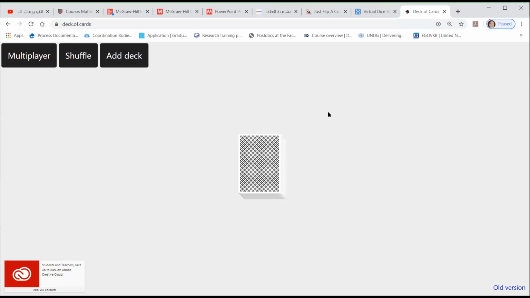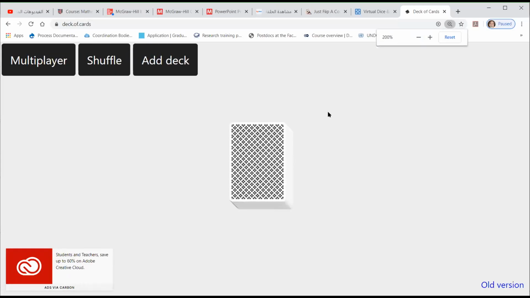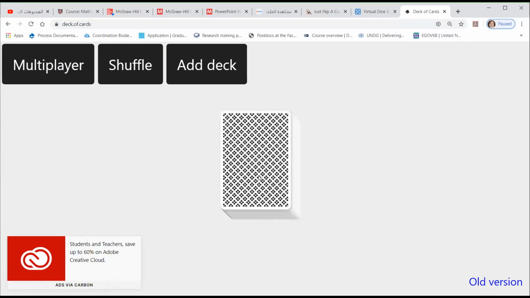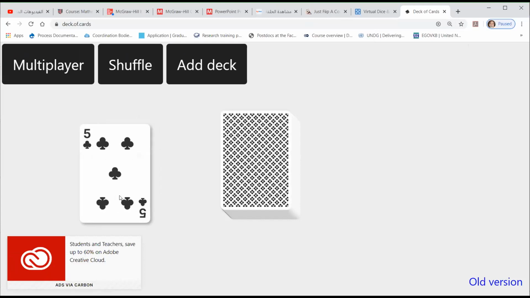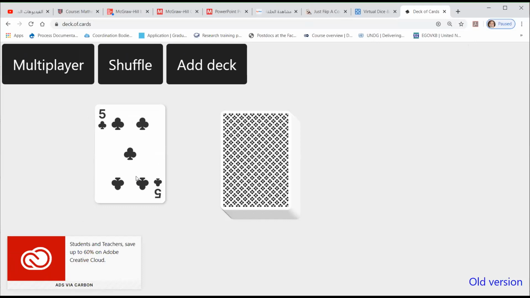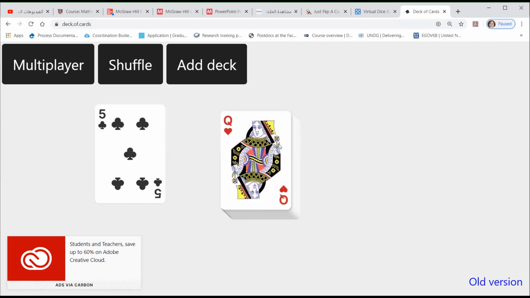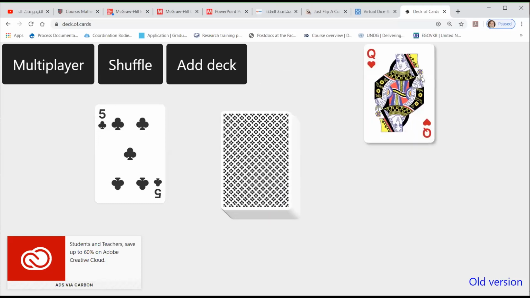It has a deck of cards. So here, if I start to draw one of the cards, I got here a 5, and it's black, and the shape is called clubs or something like this. And I have here a red queen.